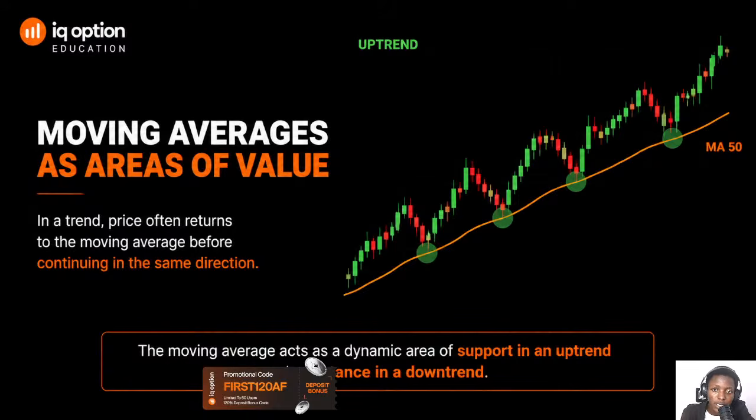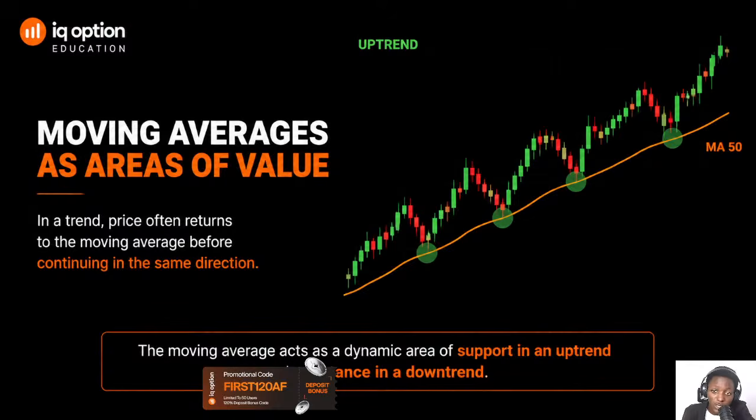As you can see right here, we have an uptrend, and we are using a moving average 50. Whenever price touches the 50 moving average, it just rejects, reverses and continues going up.